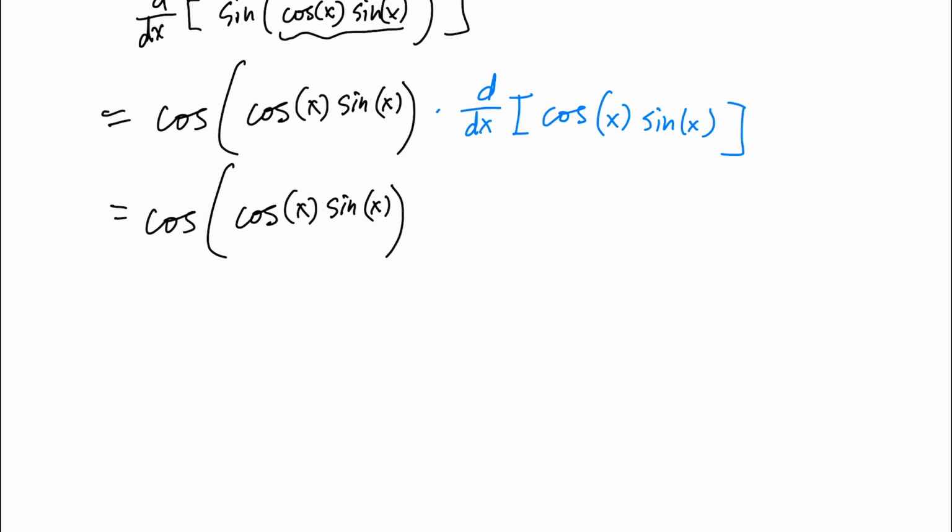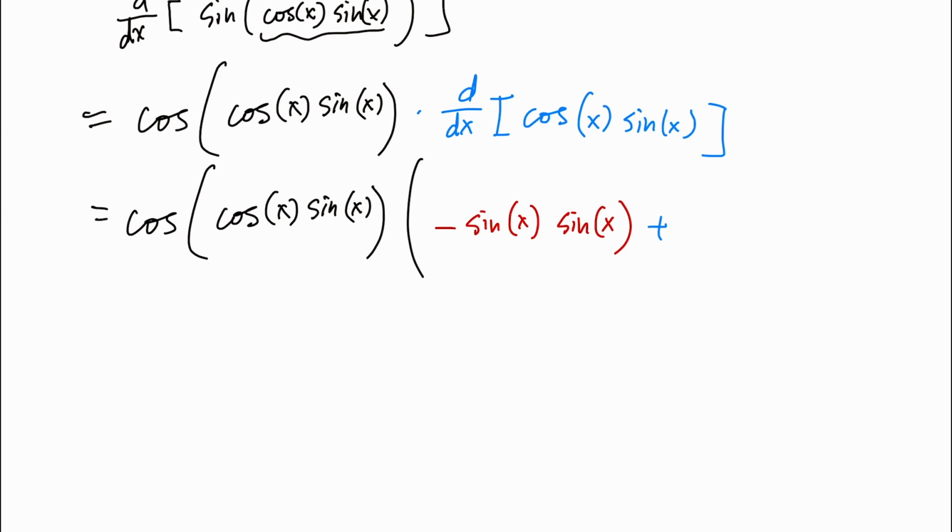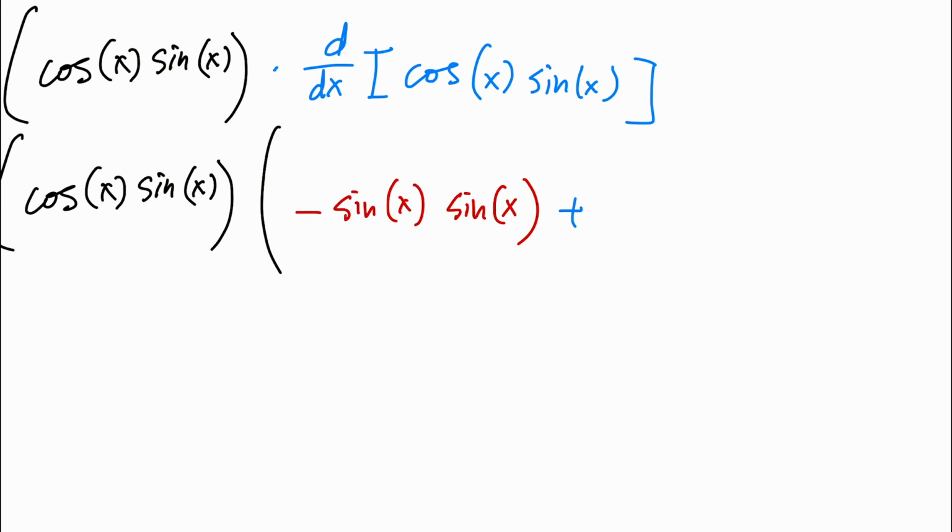We need to take the derivative of this thing. If we want to take the derivative of this, the product rule tells us we want this differentiated times this not differentiated. So this differentiated will be negative sine of x times sine of x, and the other part would be plus this sine of x derivative, so that's cosine of x, times cosine of x.